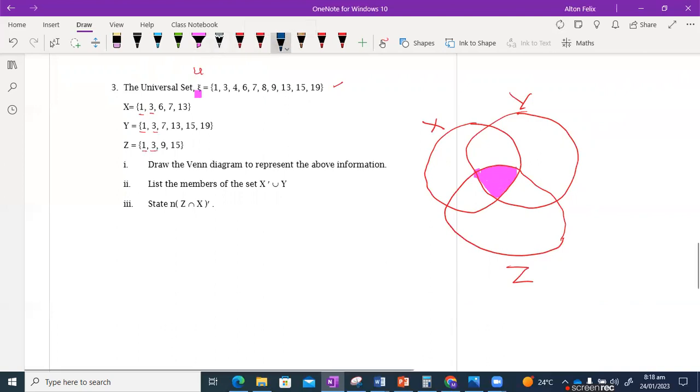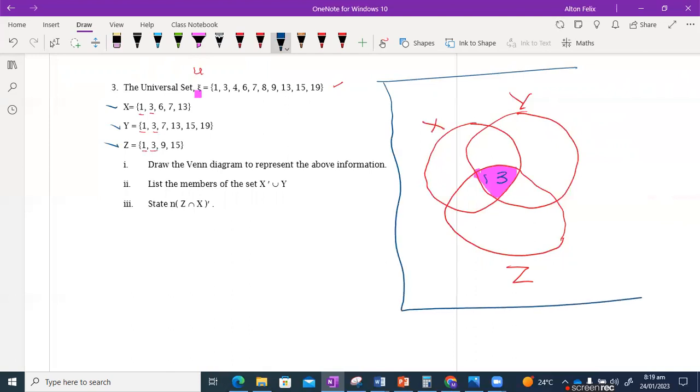Looking at the three sets again, we notice the numbers 1 and 3 are common. So we must put number 1 here and number 3 here. For completeness, let's put our rectangular box representing the universal set. And again, your rectangular box will be neater than mine.